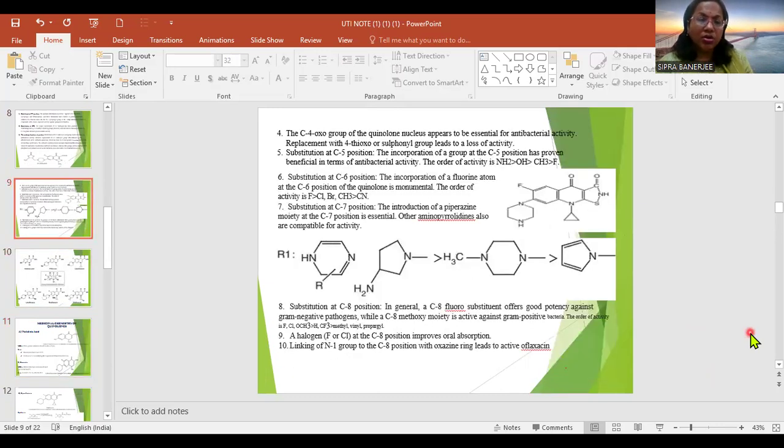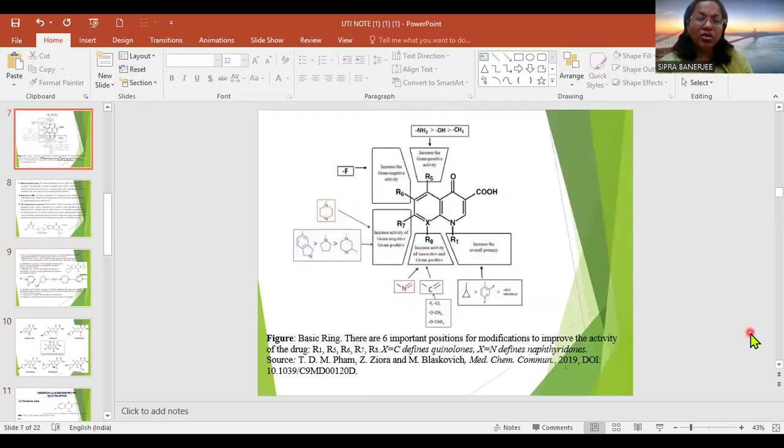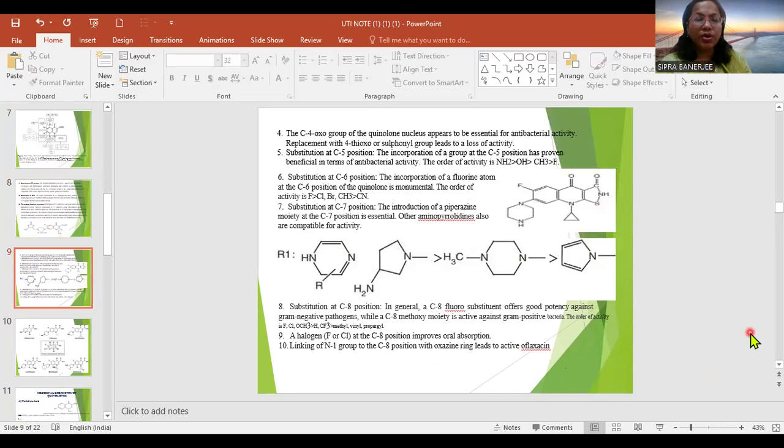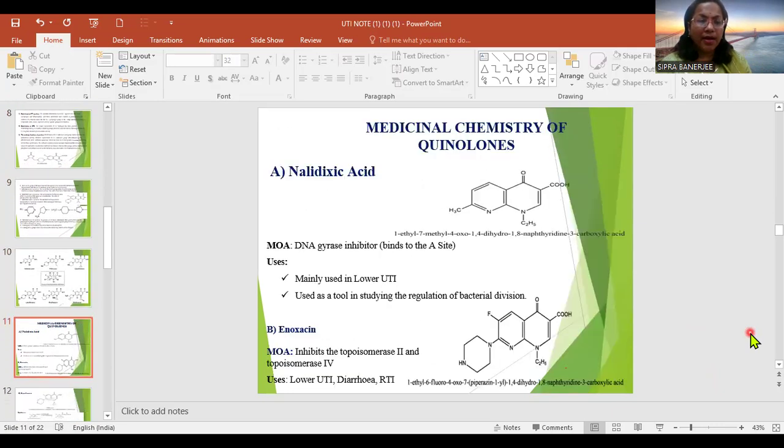Now there are different SARs of this drug that you have to study in a very vivid and descriptive way. And next, nalidixic acid is one of the important drugs where R1 and R2 groups are substituted with CH2 and CH3.